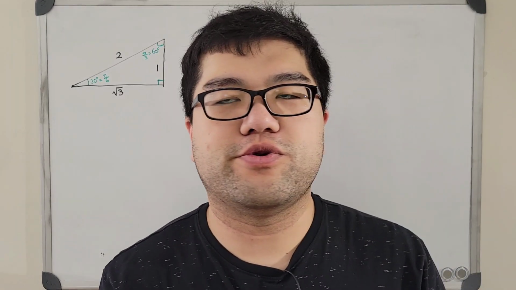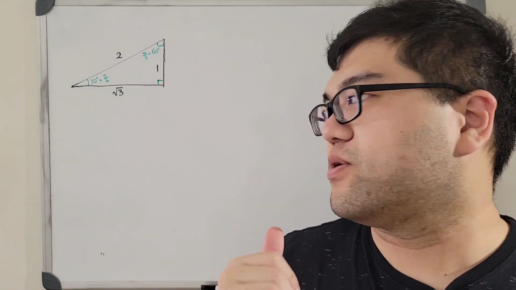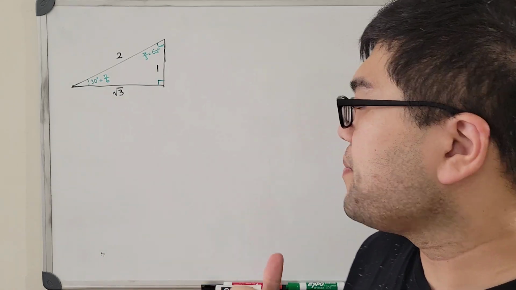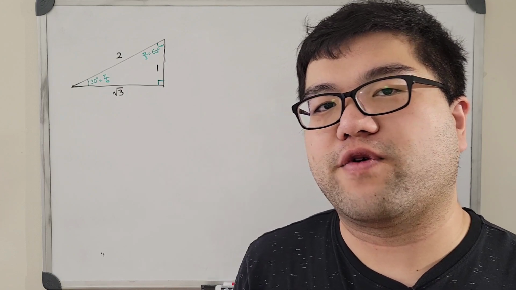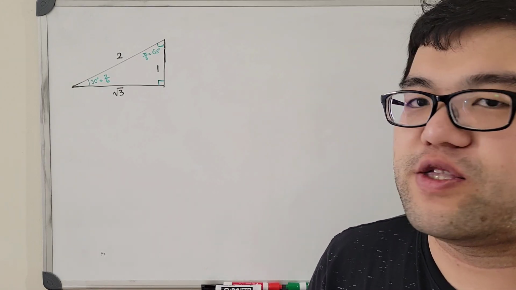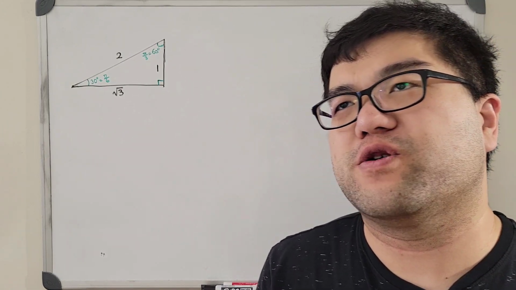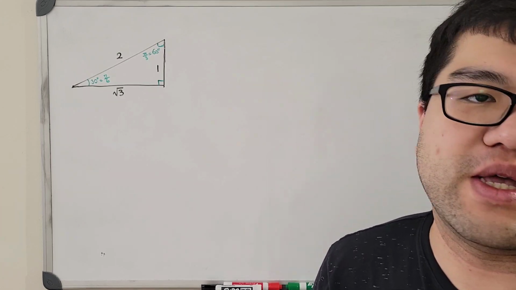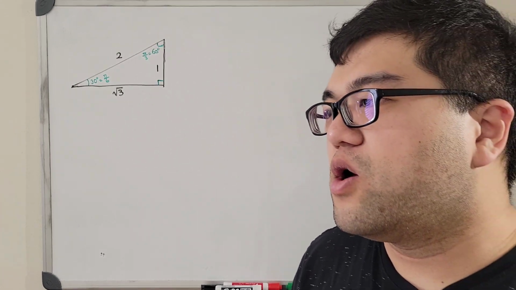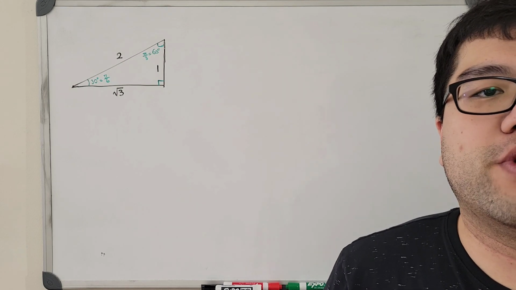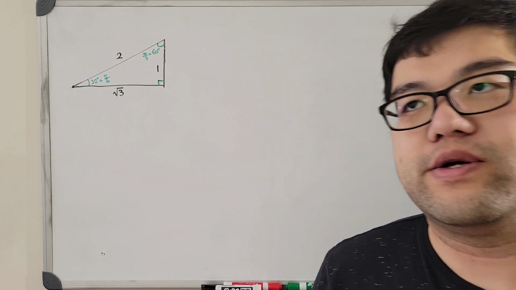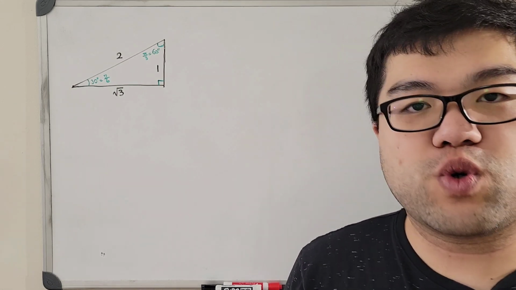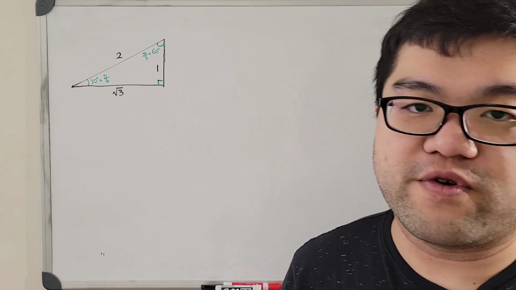Today we're going to do a geometric or trigonometric problem, which you probably have already seen in my first video, finding the value of the trig functions of 15 degrees and 75 degrees, or for people who love radians, pi over 12 or 5 pi over 12.